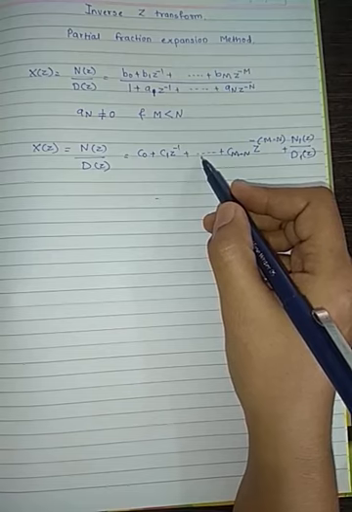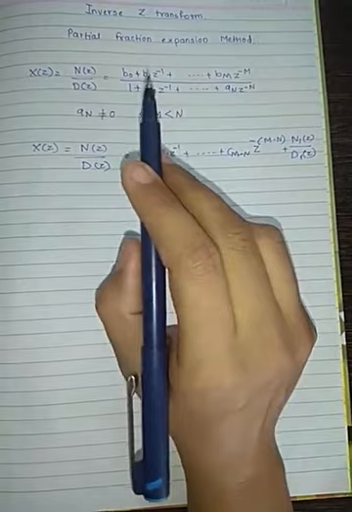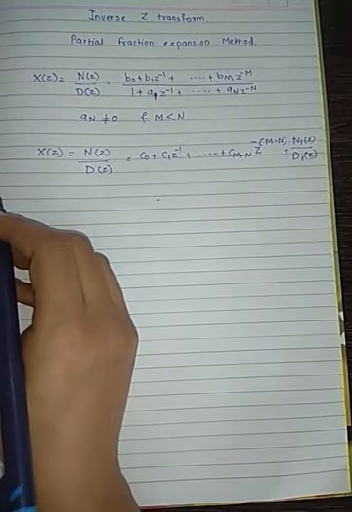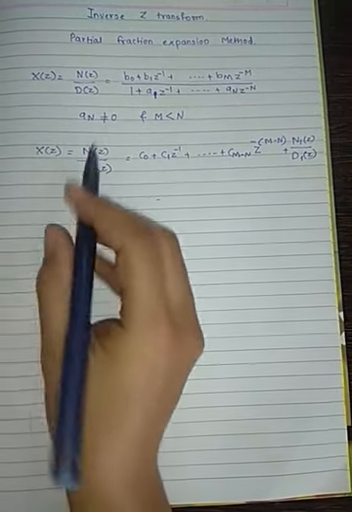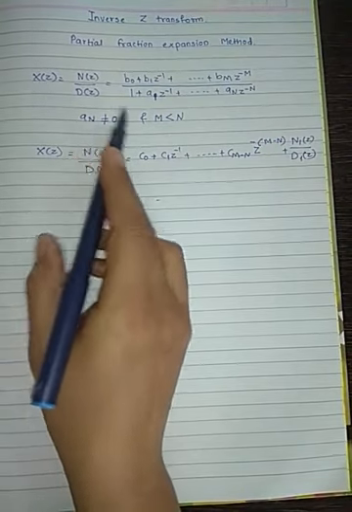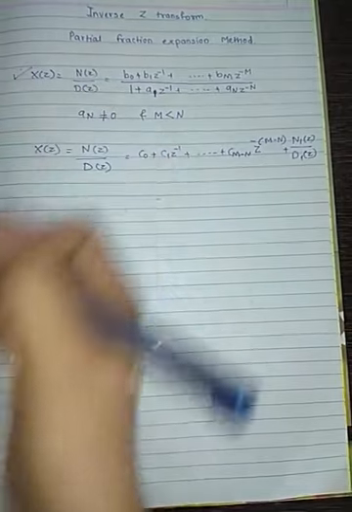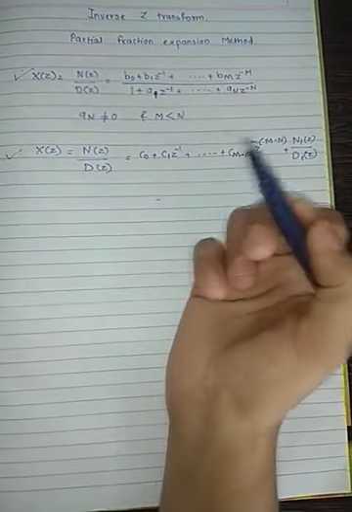So let us consider the rational function of the proper form. Here we eliminate the negative powers of z by multiplying both the numerator and denominator by z raised to n. We can observe this is the proper form and this is the improper form.